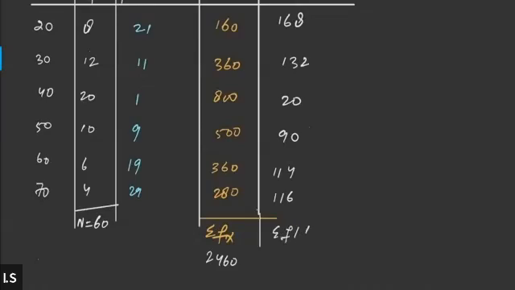Sigma fdx. So it will be 168 plus 132 plus 20 plus 90 plus 114 plus 116. It will be 640.